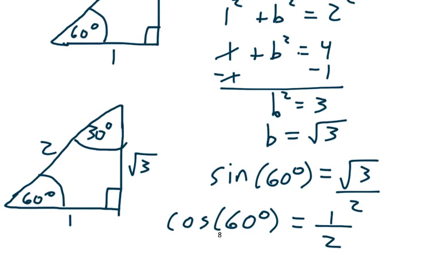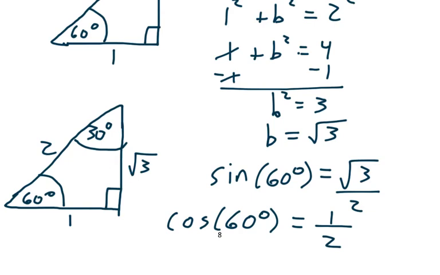For 30 degrees, it's actually similar. You could rotate the triangle if you wanted to, but what you could also do is just this. This is the angle 30 degrees, so its opposite side would be this one, 1. So sine of 30 degrees, opposite over hypotenuse, would be 1 over 2. In this case, the side adjacent to 30 degrees is the square root of 3.